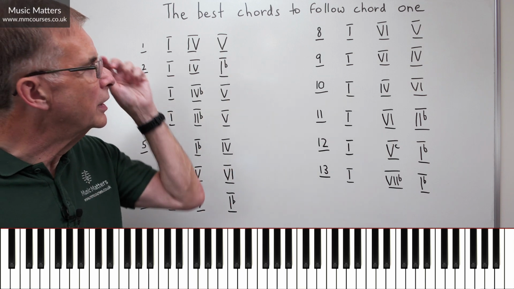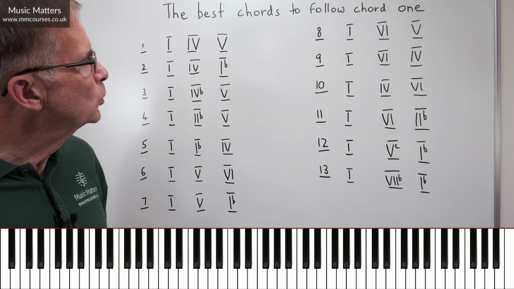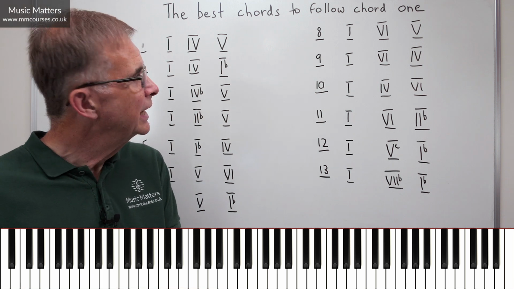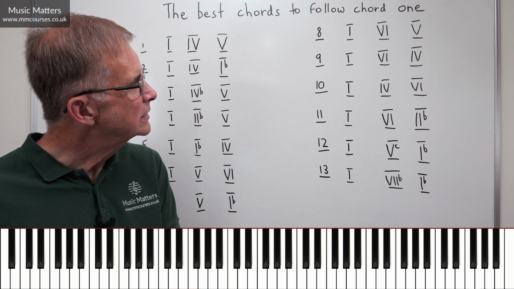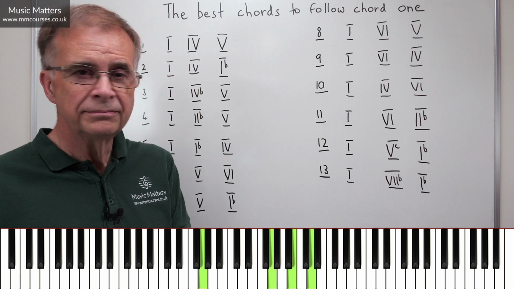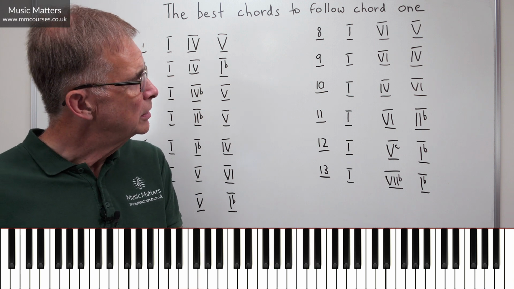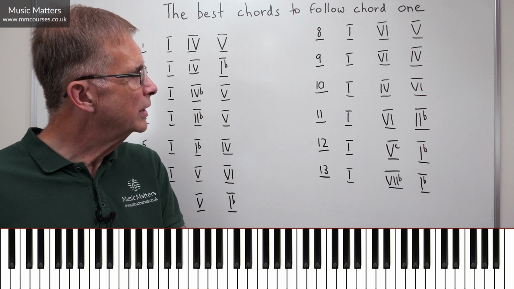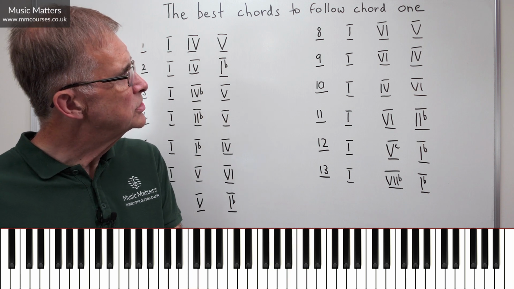Let's roll on. Option 8 is going 1 to 6 to 5. Okay, how might that work? In C major, it might work like this. 1, 6, 5. Now that's quite nice, because it's going major, minor, major. Okay, what about if we're in C minor?